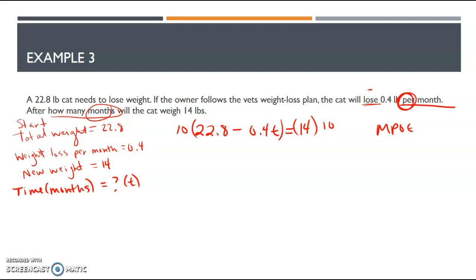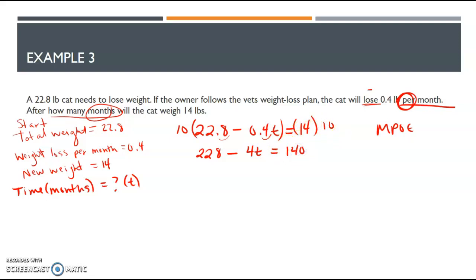If we were at something like 22.84, then I would multiply by 100 to move my decimal, because when we multiply by 10, we're going to move our decimal one place to the right. So I'm going to take 10 times 22.8, so I get 228 minus, and then this 0.4t just becomes 4t equals, and then 14 times 10 would be 140.